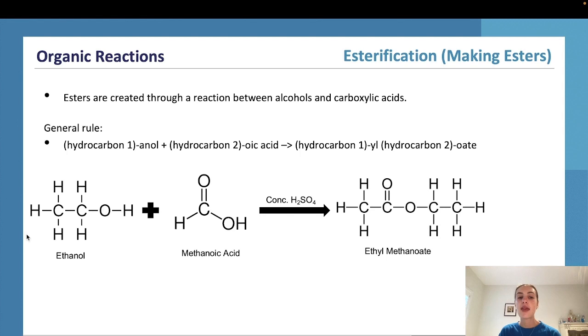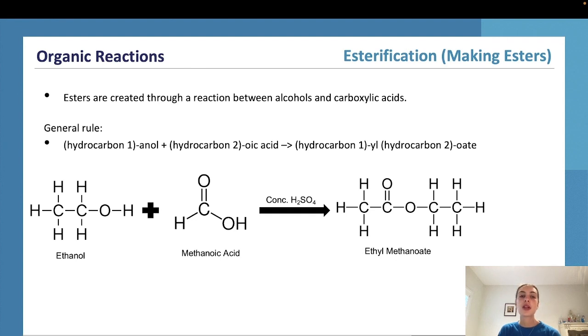So the ethanol part becoming the alkyl group, the branched off chain, and then the methanoic part becoming the methanoate group on the end. In this reaction, we'd be breaking the bond here and breaking a bond here, so we'd also produce water in this particular reaction as a byproduct.